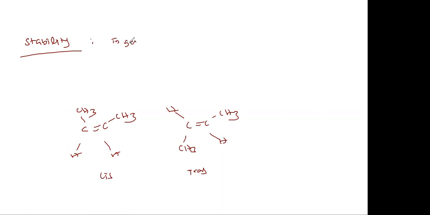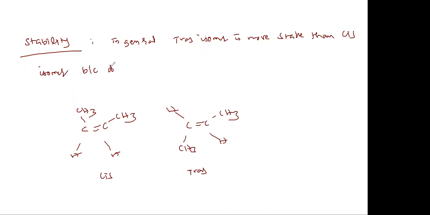In general, trans isomer is more stable than cis isomer, because of steric hindrance. If steric hindrance is present, that is less stable.